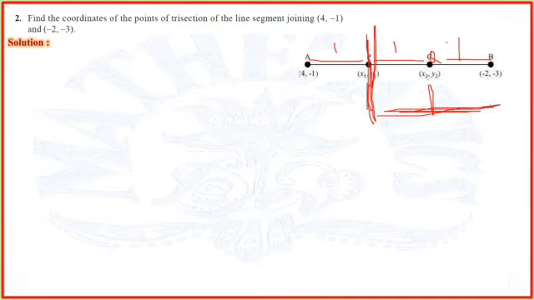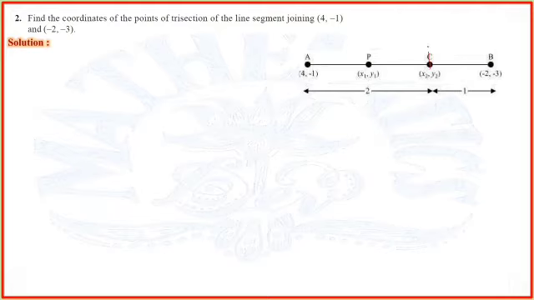Then for point P, the ratio would be 1, and the other part 1 plus 1, which is 2. On the other hand, when we take point Q, this distance would be 1 plus 1, 2, and this distance 1, so the ratio is 2 to 1.